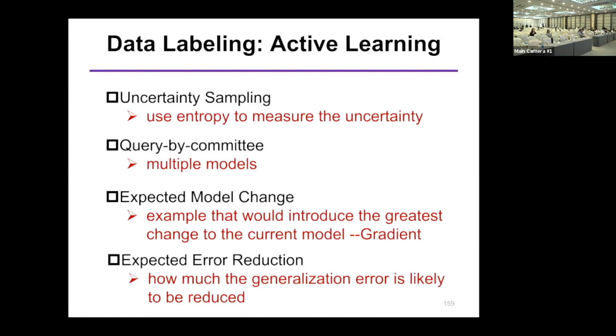The last one is similar to the third one. It measures how much the generalization error is likely to be reduced by a certain example, and chooses the example that can reduce the generalization error most.